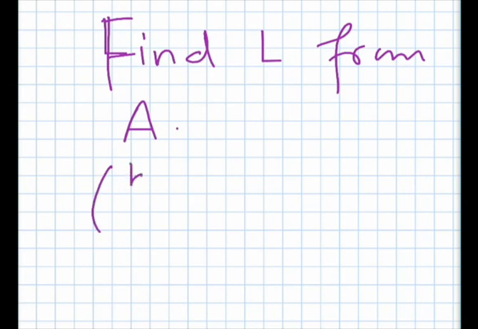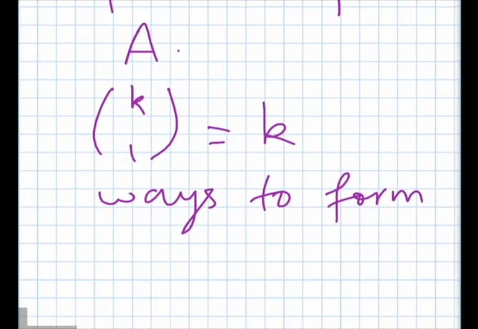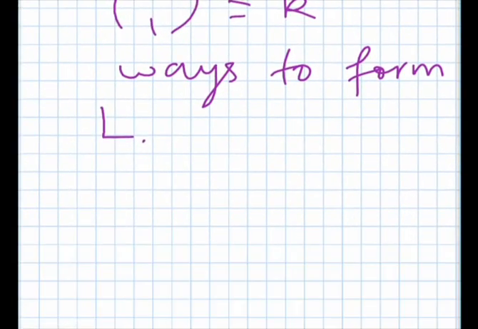So therefore there should be k choose 1, or k, ways to form L. Now what is the minimum value of k? The minimum value of k is 1, because we have to choose one element, but the remaining committee can be empty. So k should go from 1 to n.